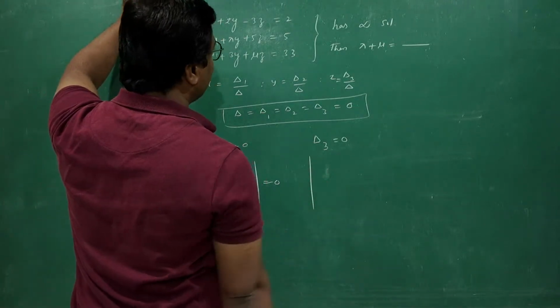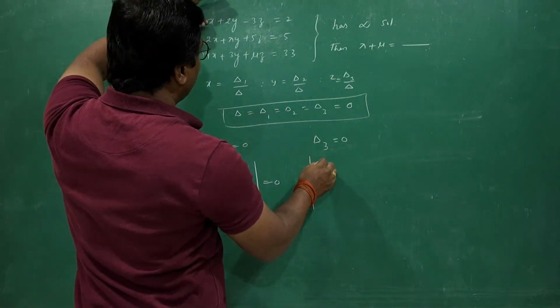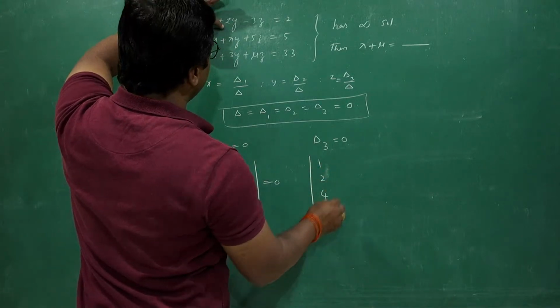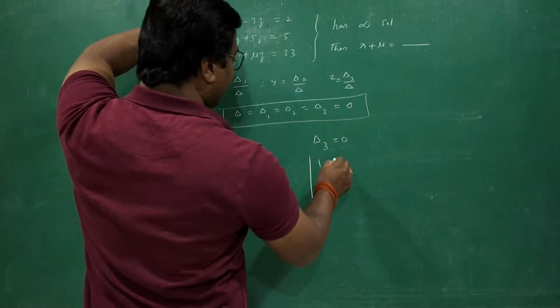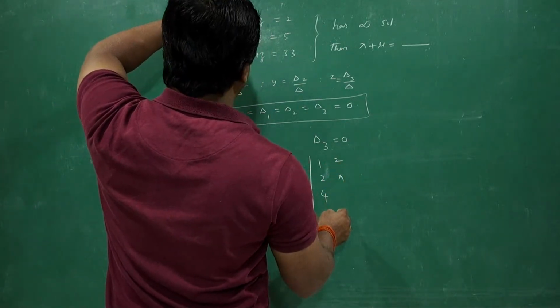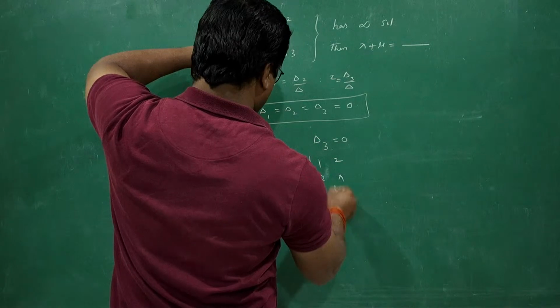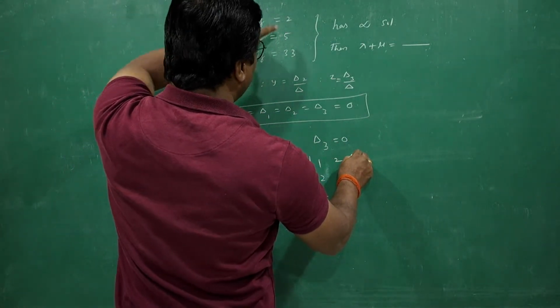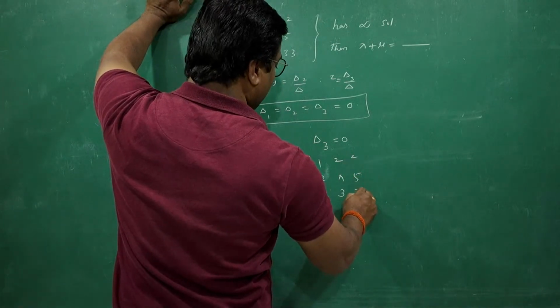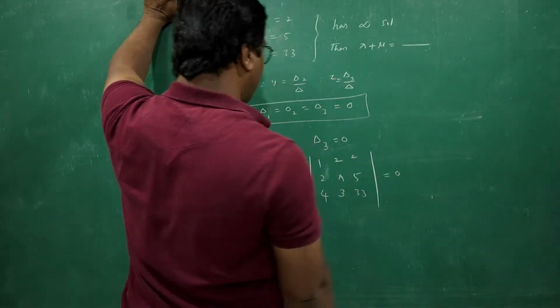Next, delta 3. Only the third column you have to change. 1, 2, 4 as it is. Next, 2, lambda, 3. Next, the third one I am going to replace with 2, 5, 33 equal to 0.